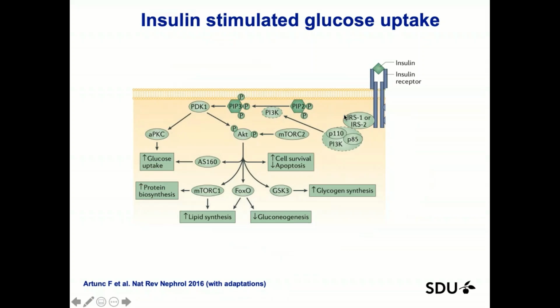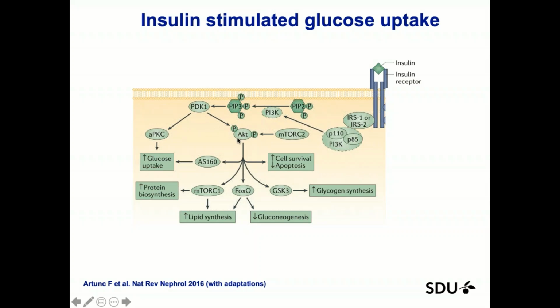This is a very simple figure illustrating the insulin signaling cascade. Insulin signaling is really needed to take up glucose in the different tissues. When insulin binds to the insulin receptor, you will have several autophosphorylations occurring in the receptors, and you have phosphorylations of IRS1 and IRS2. You will have recruitment of PI3 kinase, which is important to activate PDK1.